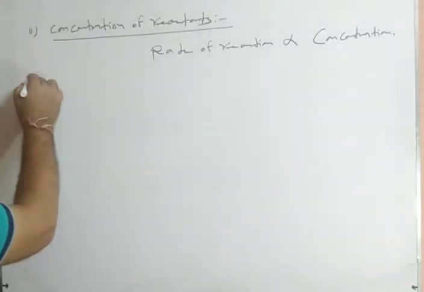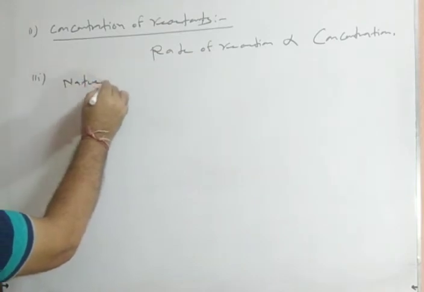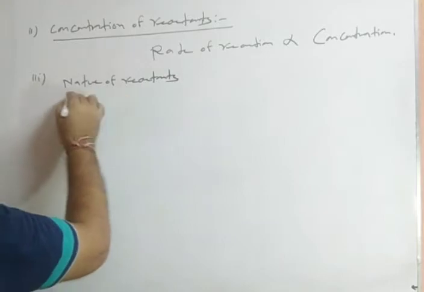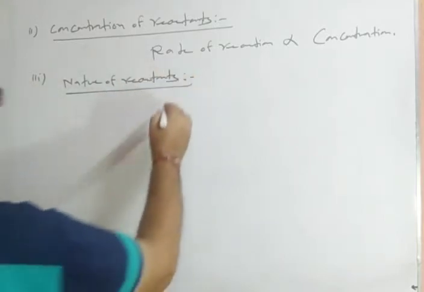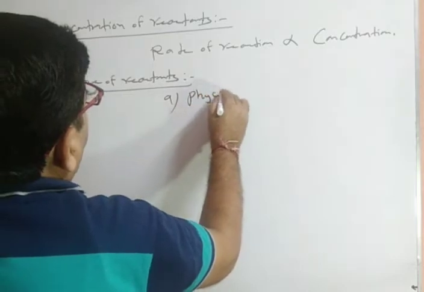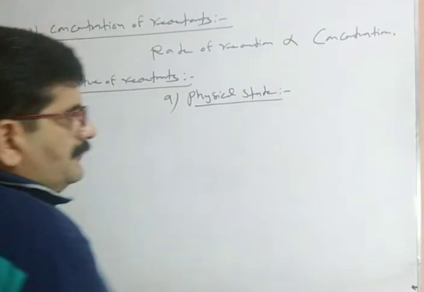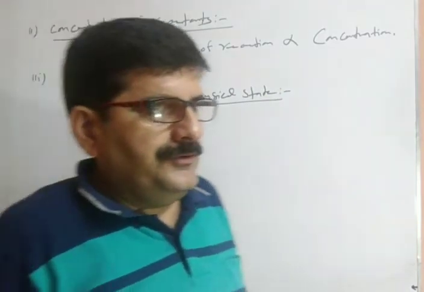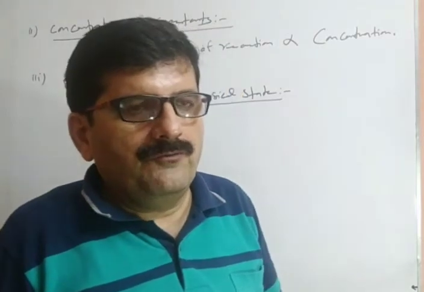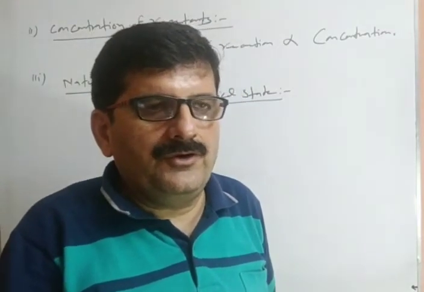Next one, nature of reactants. A, physical state. There are 3 states available: solid, liquid and gas. Gaseous reactions are faster compared to liquid reactions.